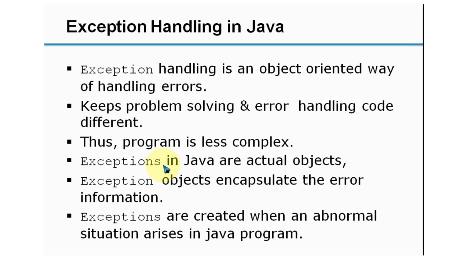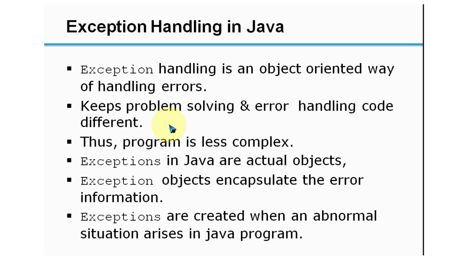So now, exception handling is an object-oriented way of handling errors, runtime errors, in Java, and it keeps problem solving and error handling code different. That means if you are dealing with exception handling, then the exception handling code is specific code which handles the runtime errors, and we have to keep it separate.